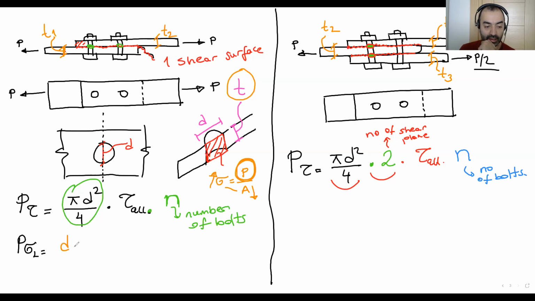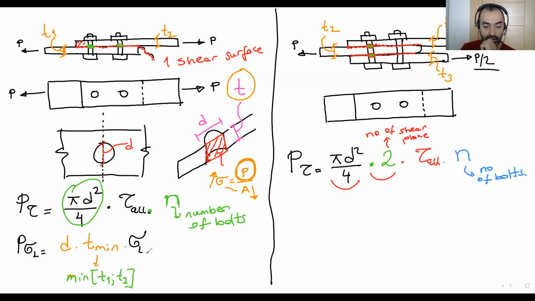D times T min. What is this? The minimum of T1 and T2. Okay, this is the area, times the allowable stress. That's it.